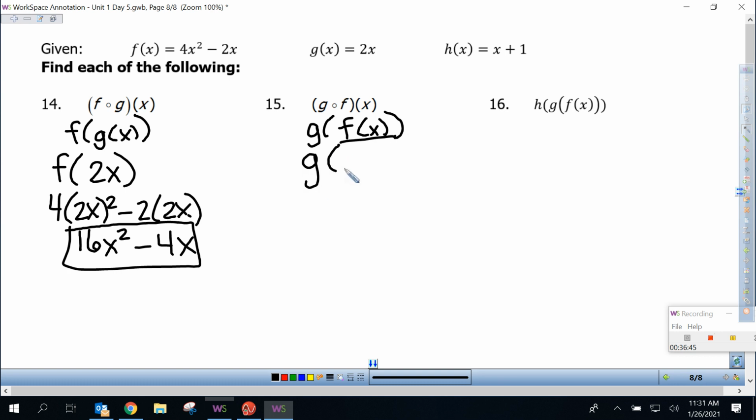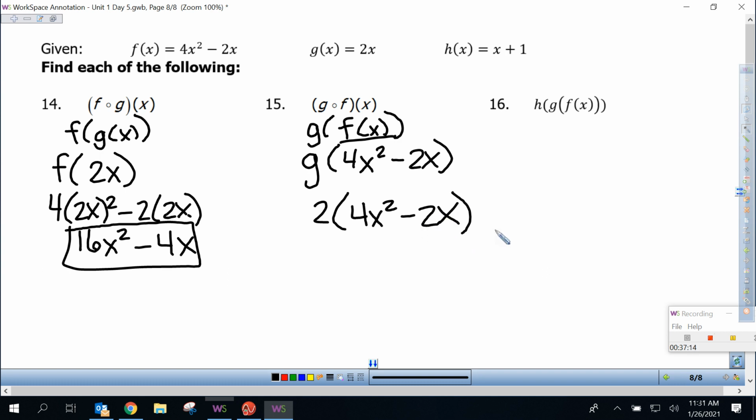Instead of f of x, I replace it with 4x squared minus 2x. Next, I go to g's equation, and what do I substitute in for the x? 4x squared minus 2x. So I have the 2, and I'm going to put this in parentheses: 4x squared minus 2x.